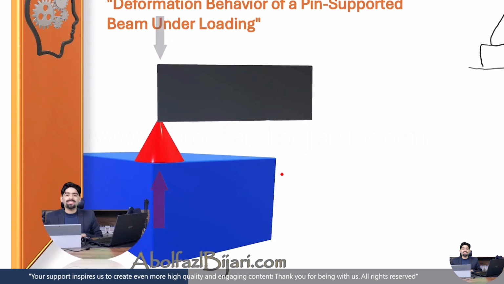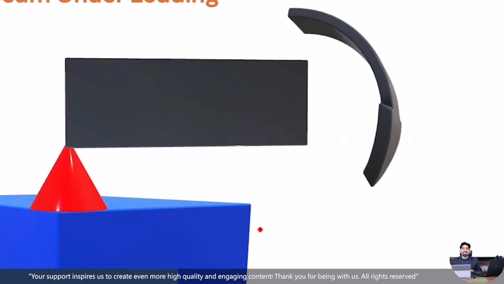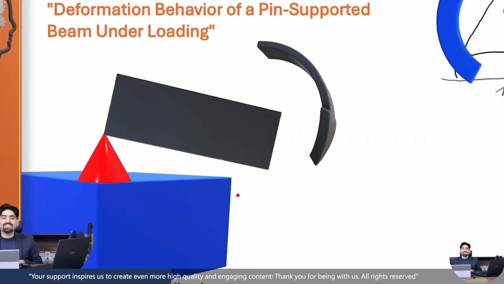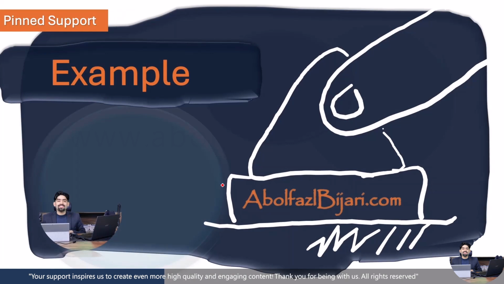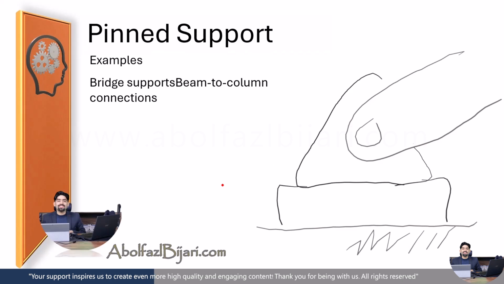However, when a bending moment is applied, the joint rotates freely without resistance, as you see. The next section is about real-life applications: bridge connections, building frames, and certain industrial steel structures.